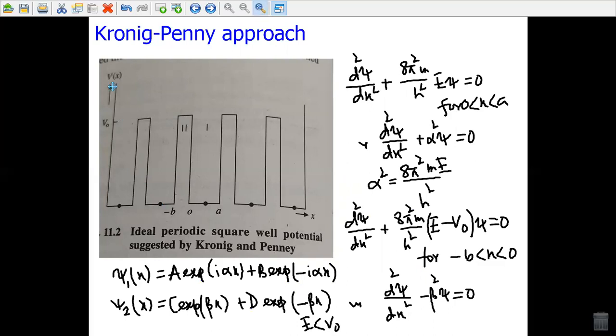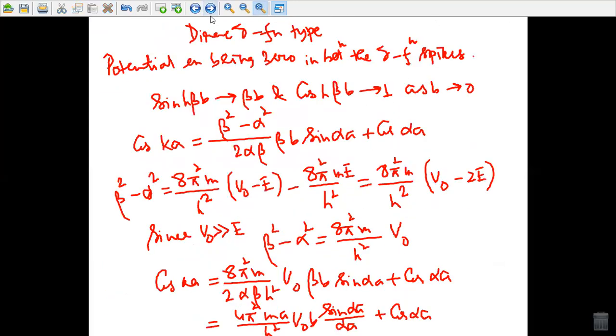This assumption is equivalent to a Dirac delta function type potential energy, where the delta function spikes are separated by a distance a, the potential energy being 0 in between the spikes. So under these assumptions, sinh beta b tends to beta b and cosh beta b tends to 1.